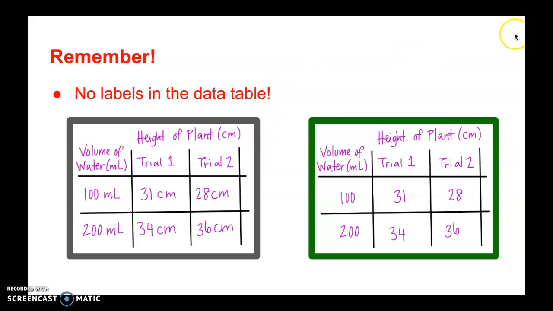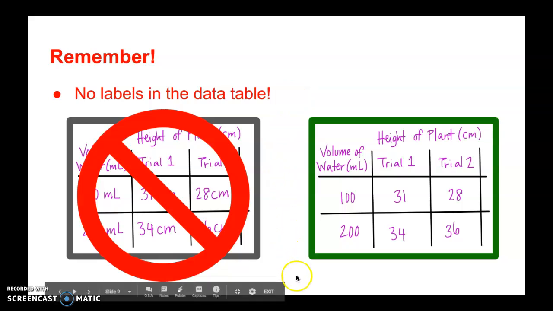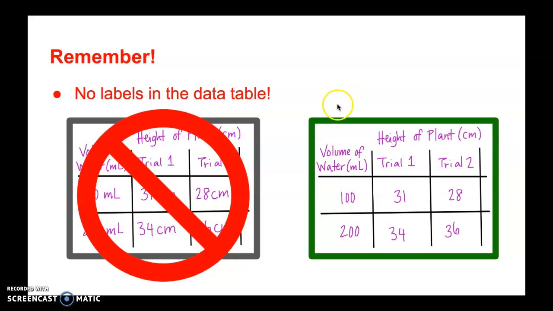Now I know that previously, maybe back in 6th grade, you were taught that you absolutely have to have the units inside the data table. But now you are in 7th grade and we are going to change that. The good news is it will never change again. In 9th grade, in 12th grade, in college, your data table will look like this.